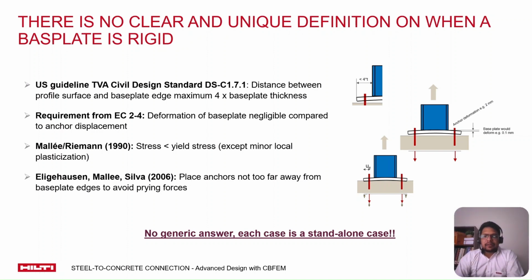But at the end of the day, what we would like to point out here is that there is no generic answer to the question of sufficiently rigid. What we want to say is that every case is a standalone case and should be verified independently.